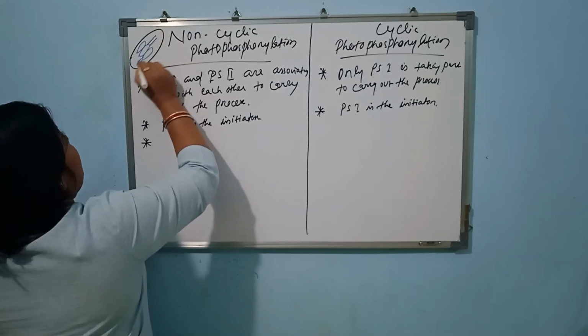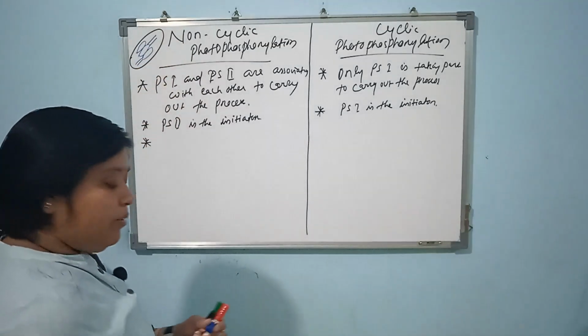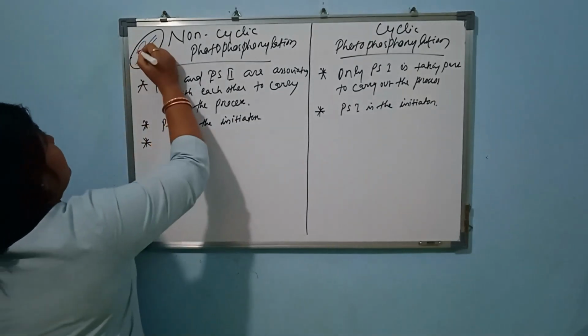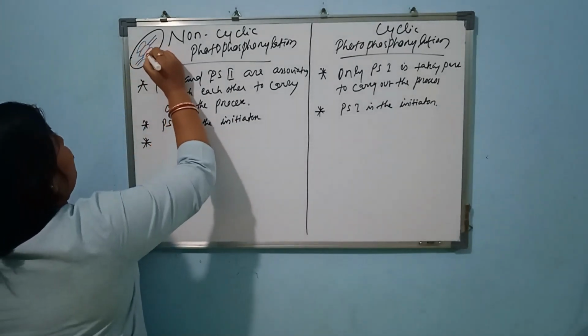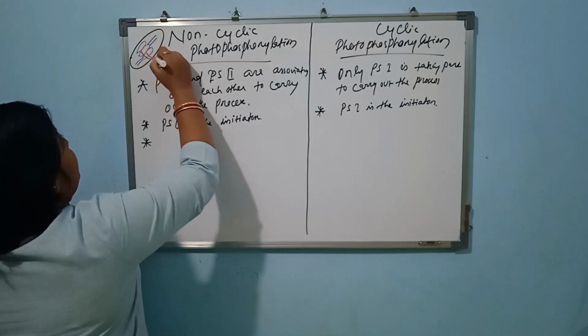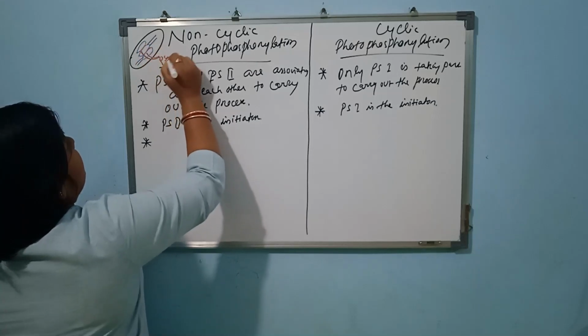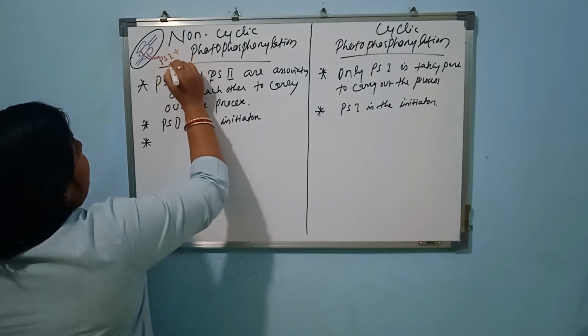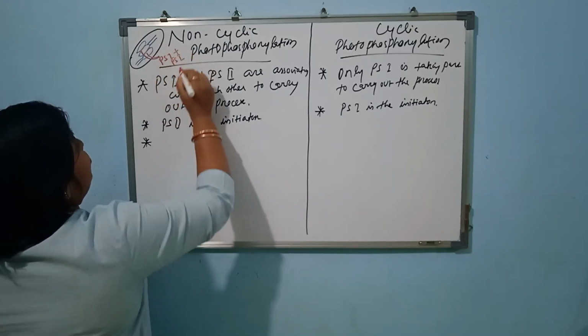These are the stroma lamella, or you can say frets membrane. In this part, you will find both pigment systems. This upraised part contains pigment system 1 and pigment system 2.